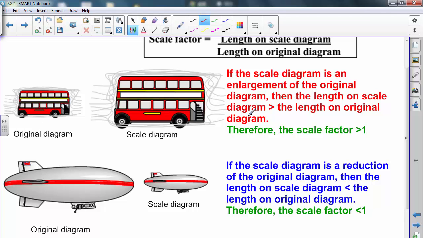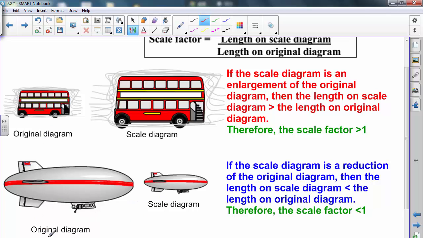Therefore, the length on the scale diagram should be larger than the length on the original diagram. So if we use these two numbers to form a ratio, this ratio, which is the scale factor, should be greater than 1. So if the scale factor is greater than 1, we know the scale diagram is an enlargement of the original diagram.